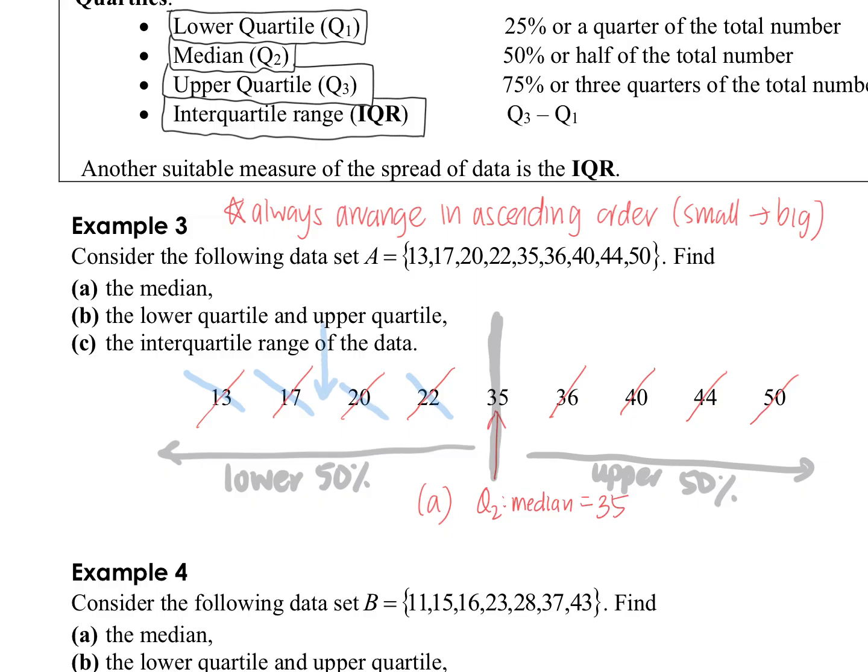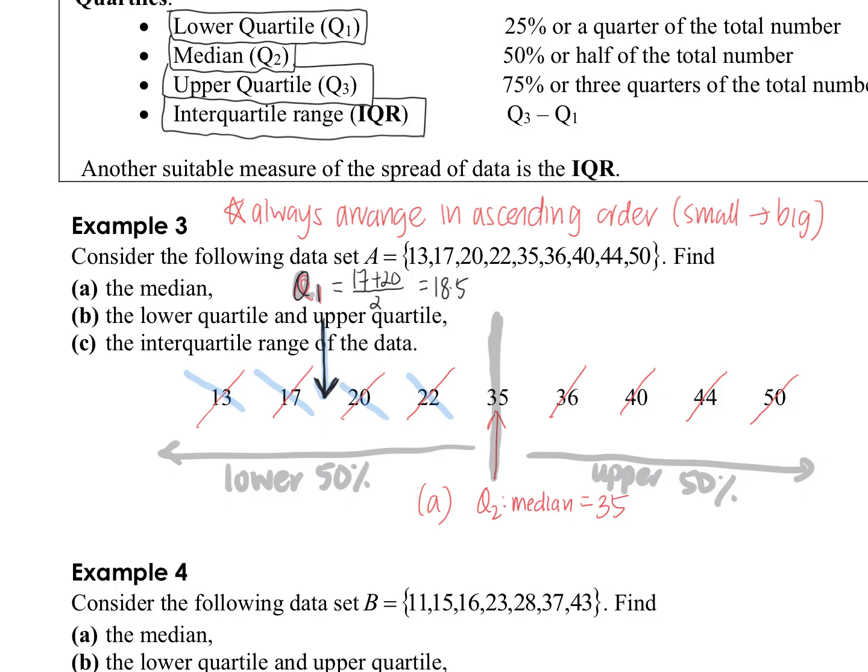So my lower quartile happens to be between my 17 and my 20. So that is 37 divided by 2, 18.5, is it? Yeah, correct. Okay, so my lower quartile, my lower 25%, is in the middle here, between the two of them.